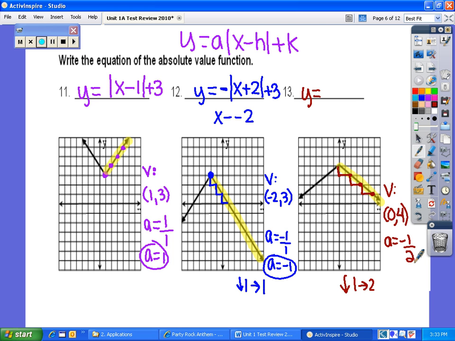So now when we replace a with -1/2, it's -1/2, absolute value bracket, x minus 0, well that means we don't need anything here, and then plus 4. So please make sure that when you're graphing for me on this test, you indicate the vertex and the a value before you write the equation, because I will be looking for all of that when I'm grading your papers.